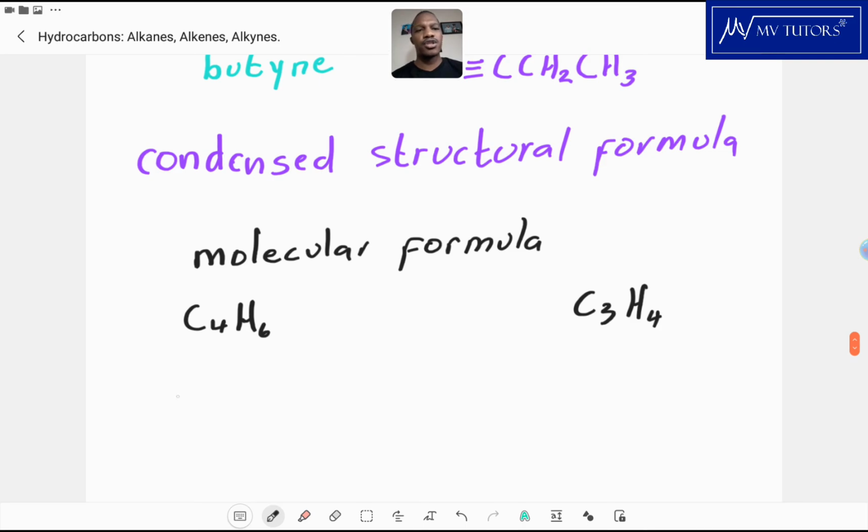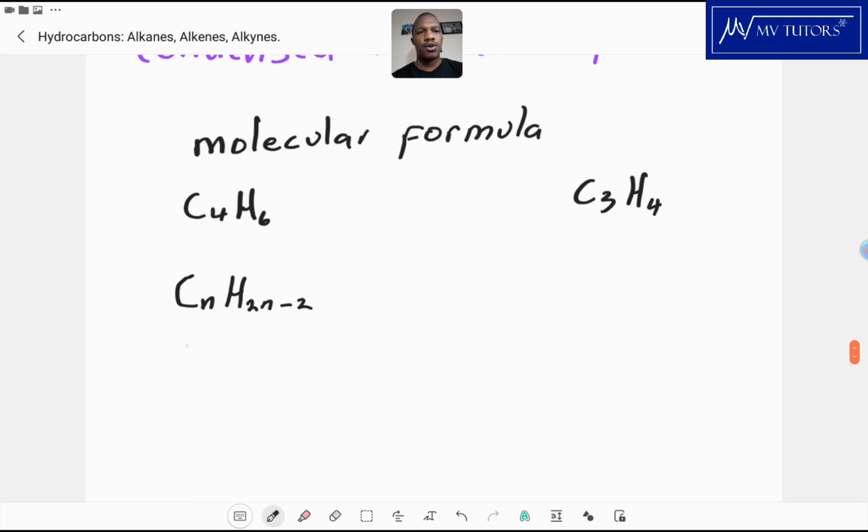Alternatively, you can use the general formula, which is CnH2n minus 2. Okay, so if n is represented by 4, then H is 2 times 4 minus 2.